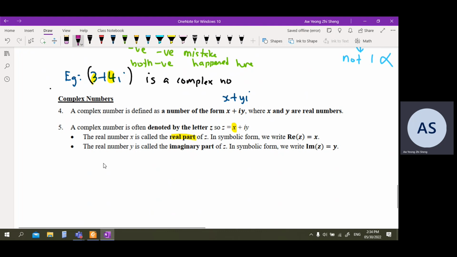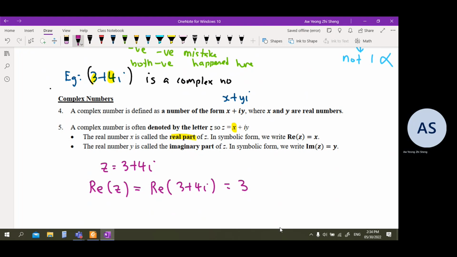For example, if z is equal to 3 plus 4i, the real part of z, written Re bracket z, is simply 3, the number that doesn't contain any i.